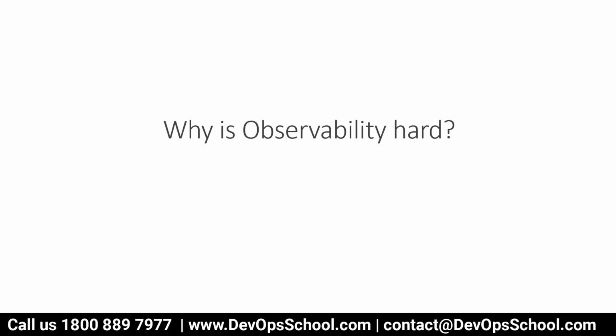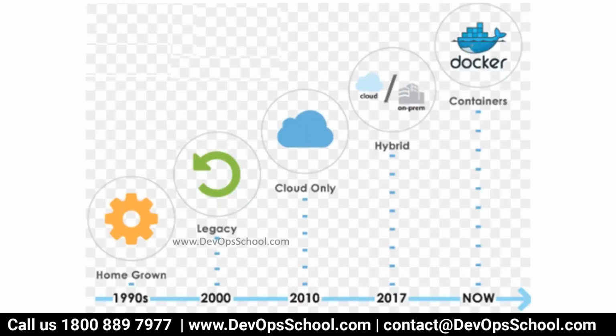So now the question is, monitoring was also hard. Nagios and Prometheus and tools like that solved it. But observability is also hard, because you look at this evolution of computing. Earlier we were running applications on legacy hardware like desktops and servers.